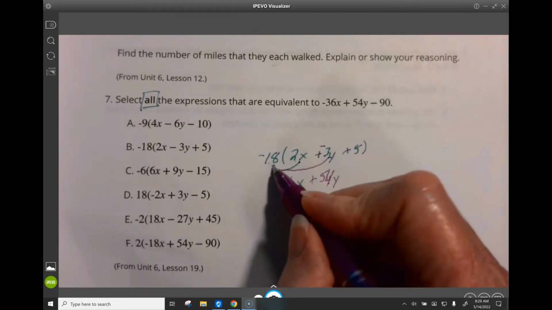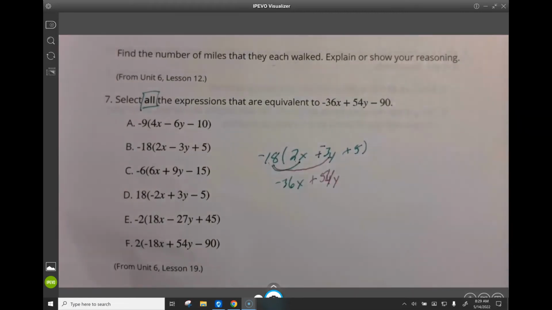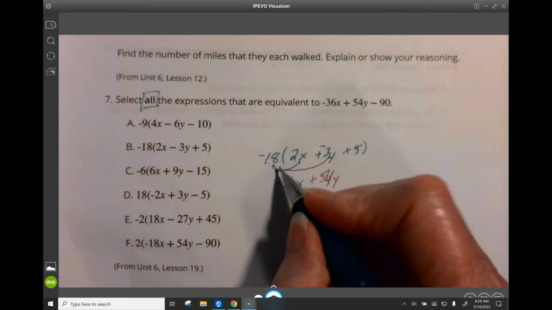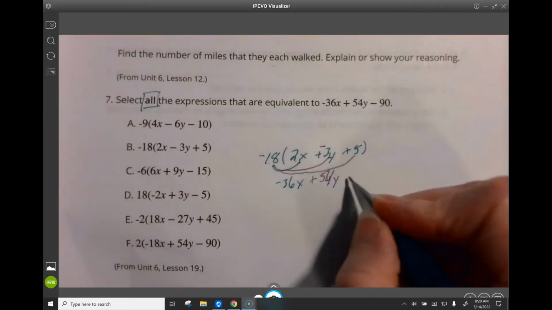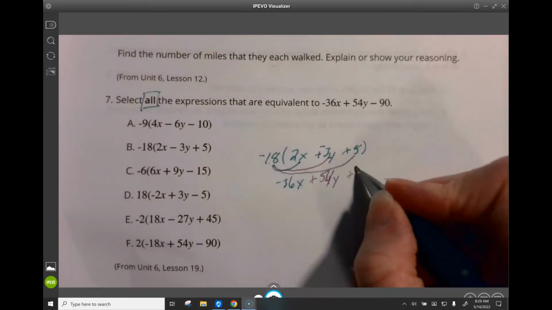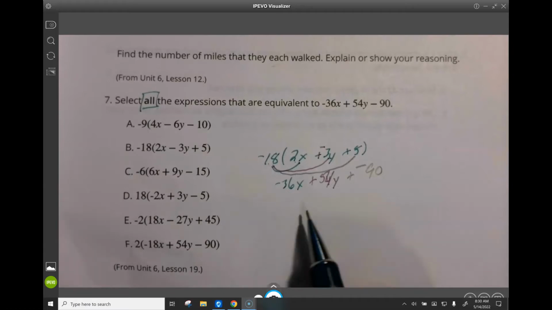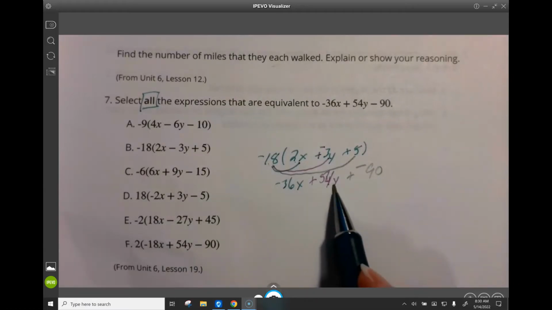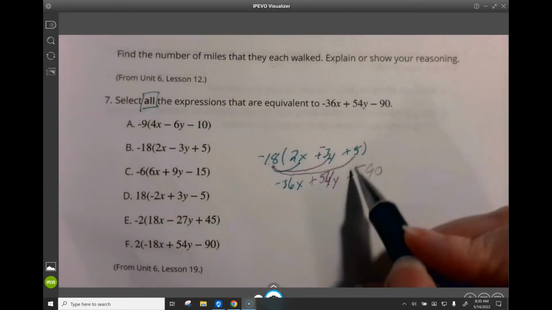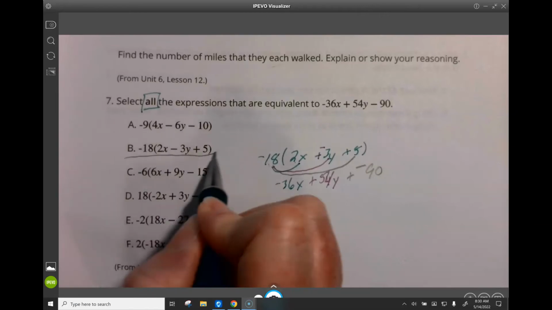Then I'm going to take a negative 18 times a positive 5. That's going to give me a negative, so 18 times 5 is 90, negative 90. Okay? So negative 36x plus 54y minus 90, or plus a negative 90, that one works.